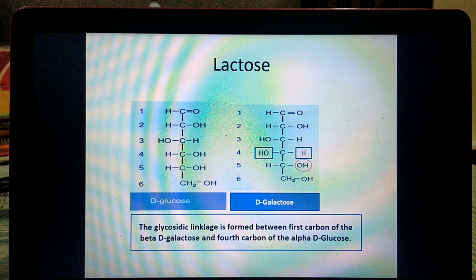The linkage is present between the first carbon of galactose and the fourth carbon of glucose. Here the first carbon of galactose is the functional group which is involved in the linkage formation, but the first carbon of glucose is free.